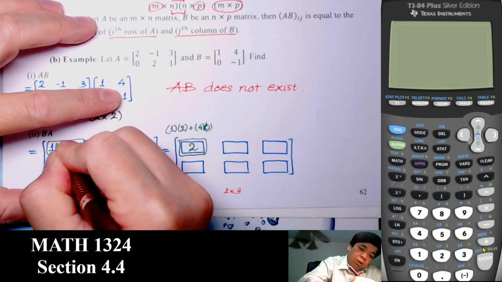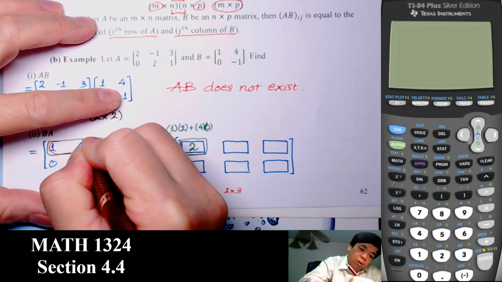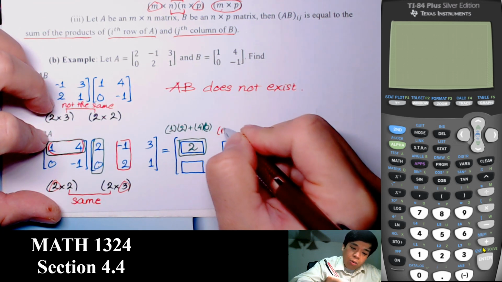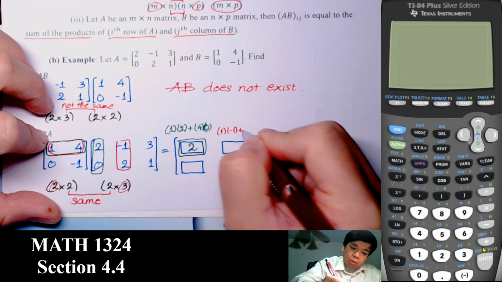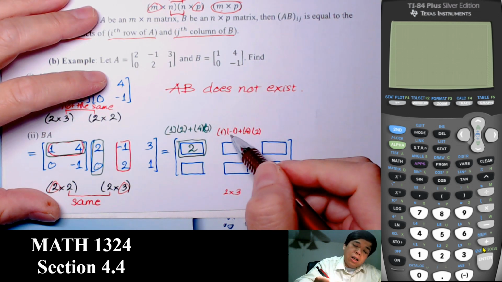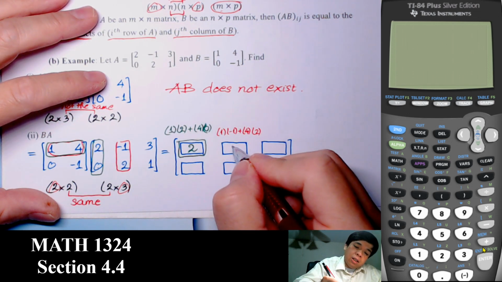Right, next. Row times column. So 1 times negative 1 plus 4 times 2. So negative 1 and 8 give us 7.